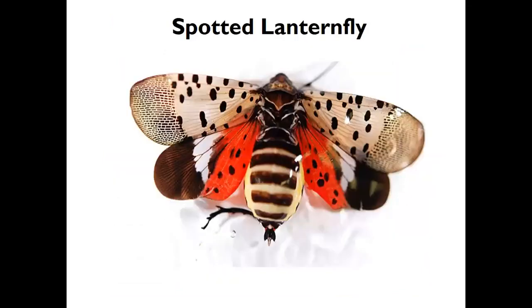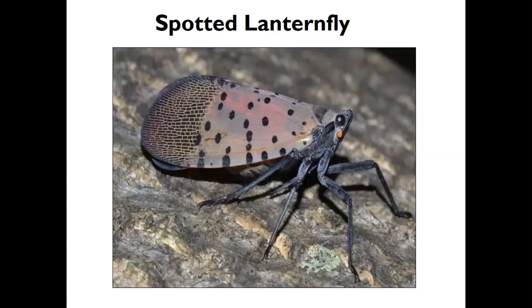Spotted lanternfly is another one that's becoming a problem up in Pennsylvania. It was detected there back in 2014. You can see it might look like a butterfly, but it's not.